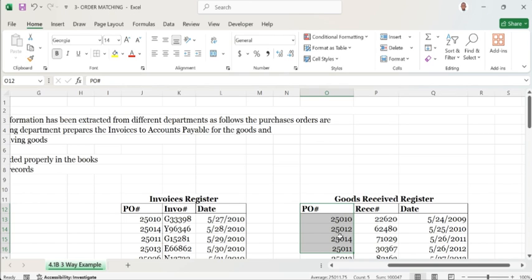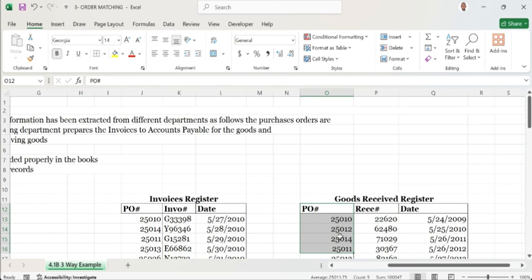This goods delivery note, most of the time, entails the purchase order number. Why? This is a document that will verify that the things that you ordered under the purchase order register are the ones that have been delivered.